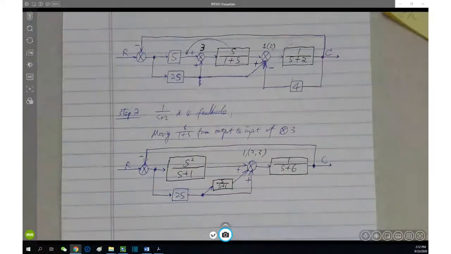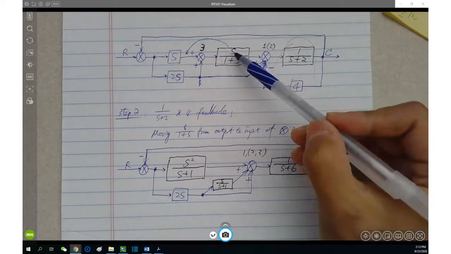This is the result block diagram. You might have a different look, but basically it should be the answer. Let me explain a little bit what's going on here.